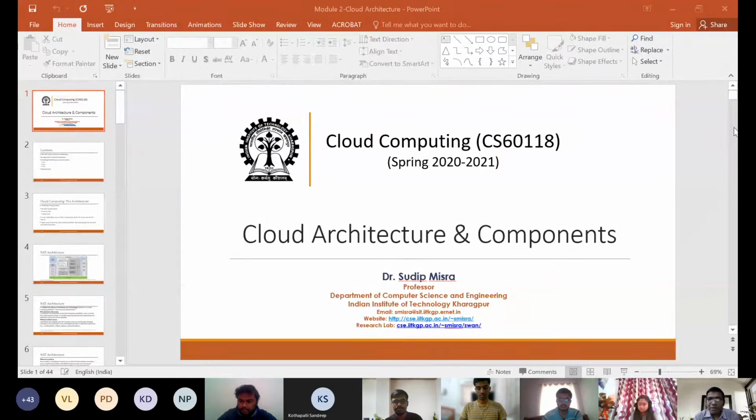In 1961, there was this idea of utility computing, proposed by an MIT scholar, John McCarthy. He spoke in his speech in the 1960s about how computing can be sold like a utility, just in the same way as you have water and electricity as utility, right?